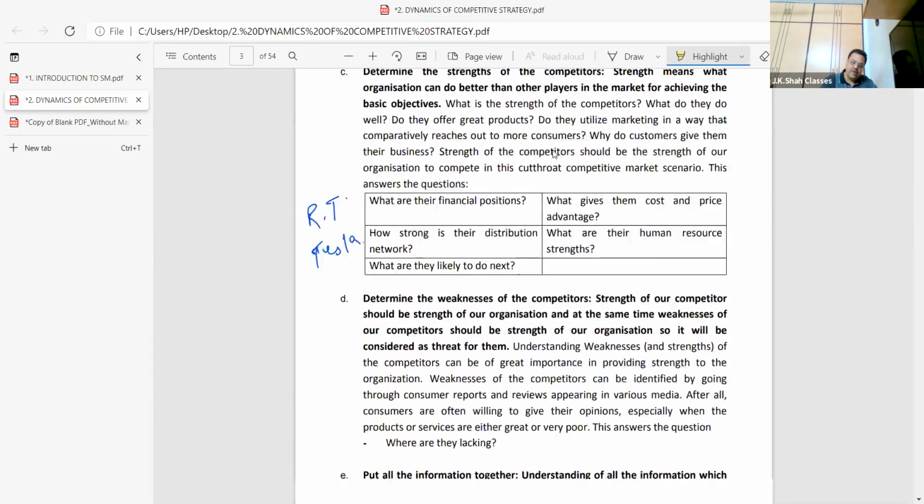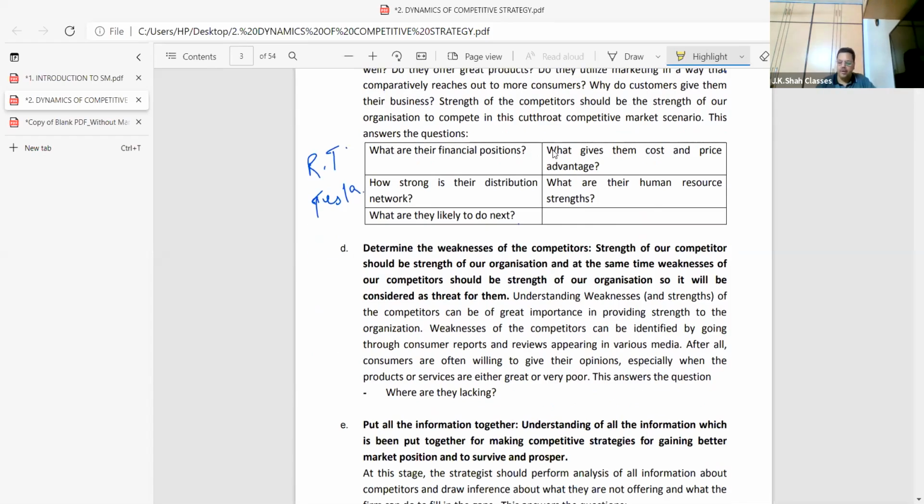After knowing the strength, you're supposed to know the weakness of the competitor. Strength of our competitors should be strength of our organization. And at the same time, weakness of our competitors should be strength of our organization. It's very important, bacha.